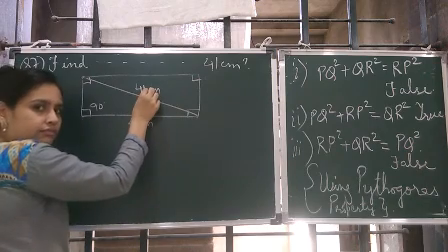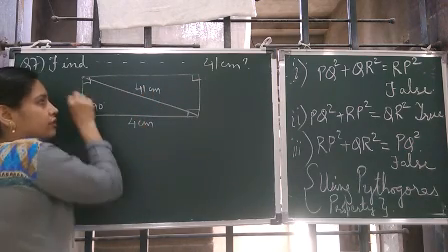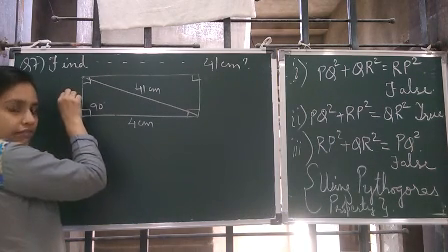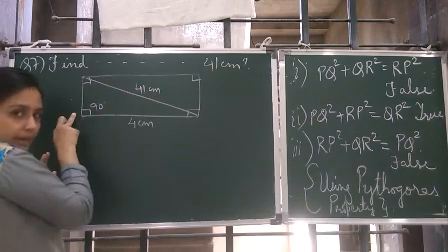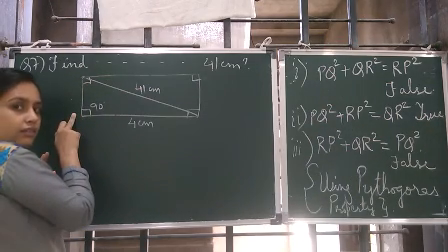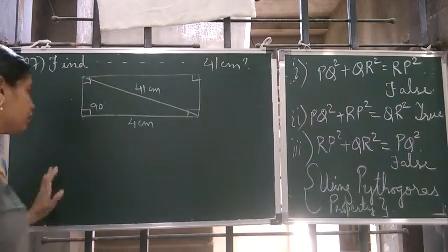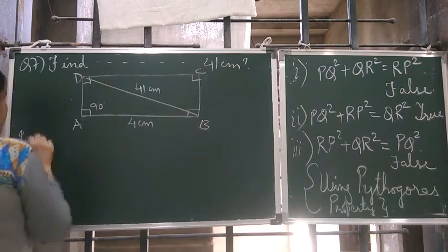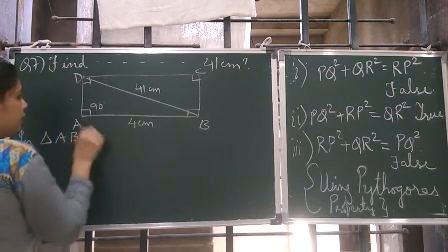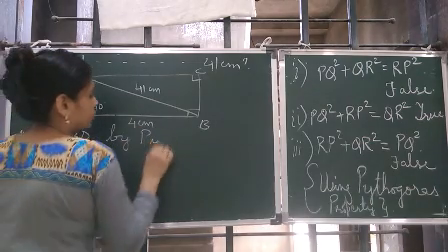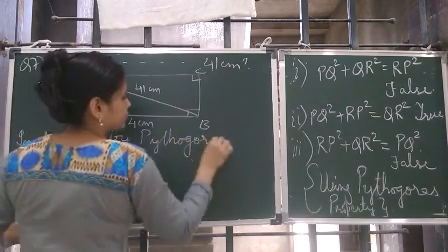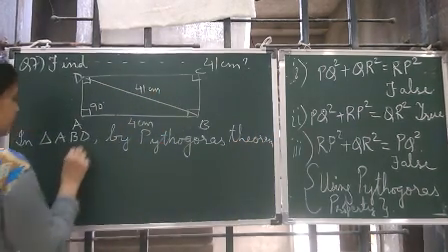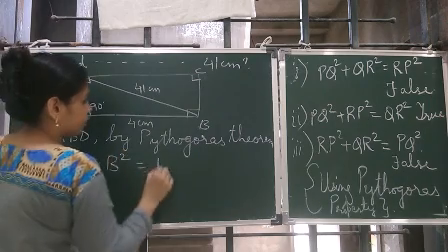Opposite to it is the hypotenuse. This is the base, so this becomes the perpendicular. So from the formula of Pythagoras theorem, we can find the breadth and then we find the perimeter. Let us mark it A, B, C, D. So in triangle ABD by Pythagoras theorem, P square plus B square is equal to H square.